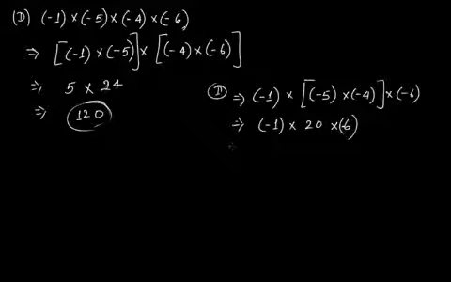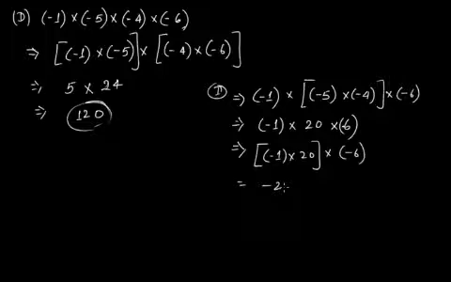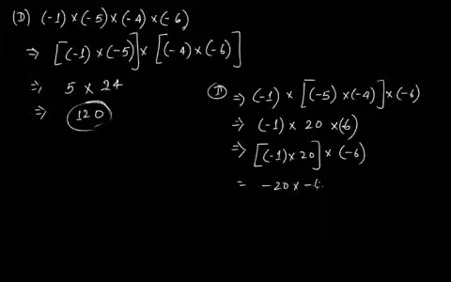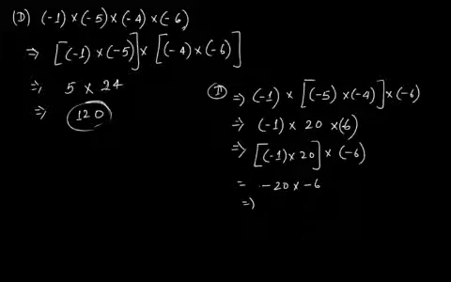Now what? Now you can group together minus 1 times 20, and then minus 6. This will give you minus 20 times minus 6, and this will give you minus, sorry, not minus, this will give you plus, and this will be 120.